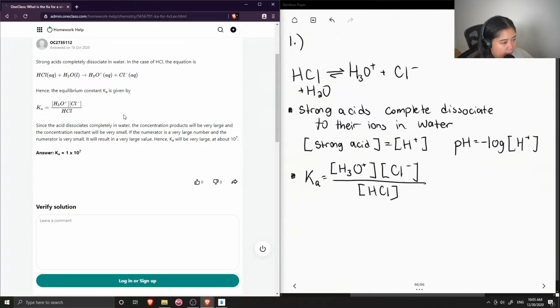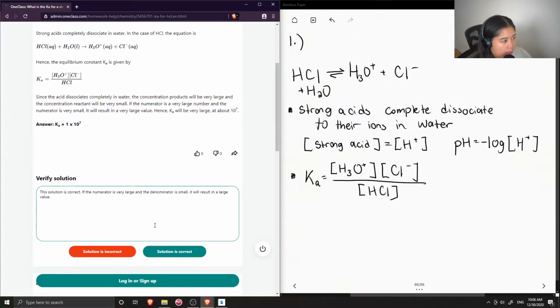Hence, Ka will be very large at about 10 to the 7. Yep, so this solution is correct. Okay, so I just fixed that typo.